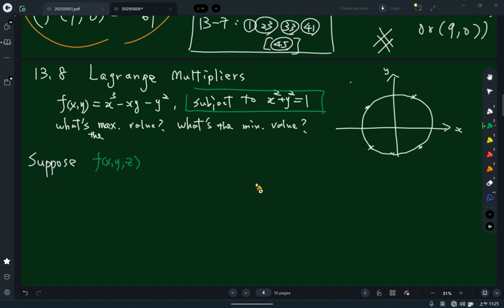Suppose f of x, y, z and g of x, y, z. Just remember there are two functions. One is f, the other is g. We assume they are differentiable.